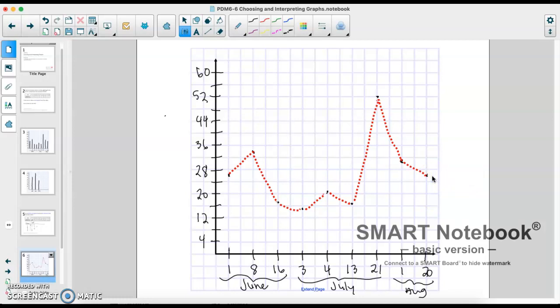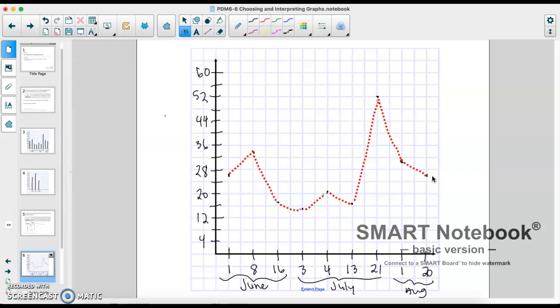It definitely looks like late July, early August is really the best time to see these whales. It could be for any number of reasons. Maybe that's when the whales are there to have their calves or whatever else. I don't know. But that's another way that we can see the data in a stem and leaf plot and a broken line graph.